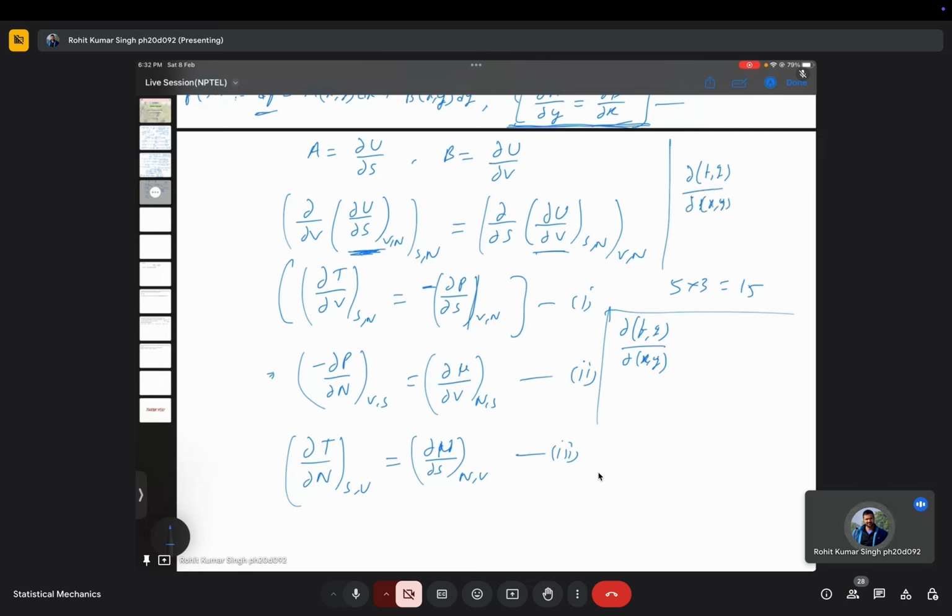Jacobians are used in coordinate transformation. So this is just the determinant of del F by del X, del F by del Y, del G by del X, del G by del Y. Okay.